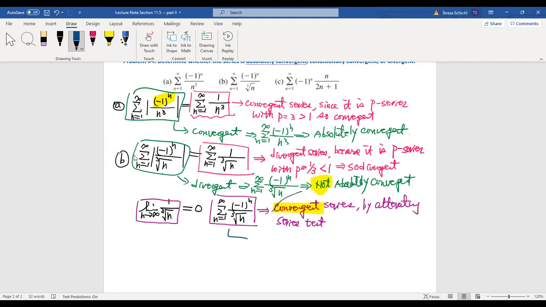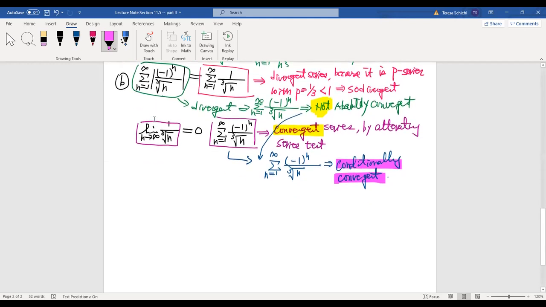By combining both results, for the summation n from 1 to infinity of (-1)^n over n cubed, we say this is conditionally convergent, because it's not absolutely convergent, but it's convergent by itself without the absolute value. So I can conclude this series is conditionally convergent.